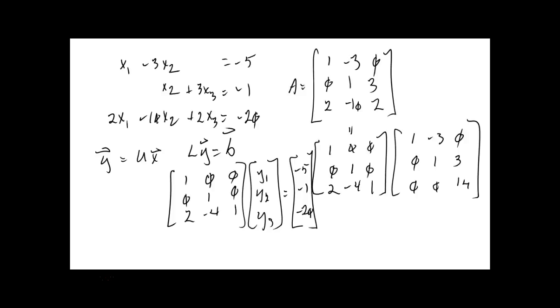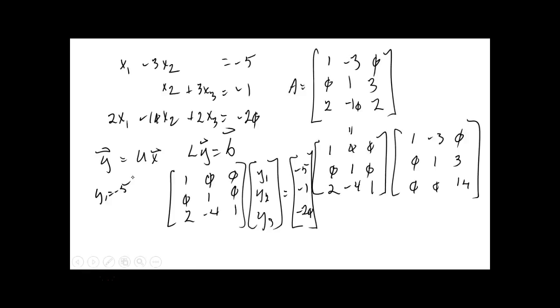y1, 1 times y1 is equal to -5. Because you do y1 plus 0 plus 0, right? Is equal to -5. Okay? So you say y1 is equal to -5. Got it.